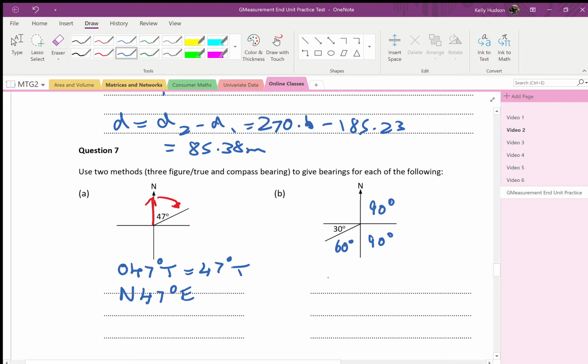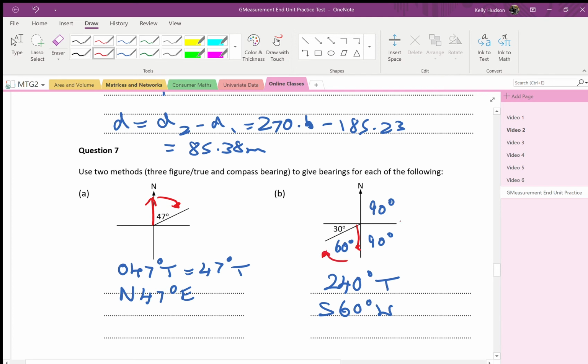So my true bearing is 240 degrees T. And my compass bearing is a southerly direction, 60 degrees towards the west. So I go in a southerly direction, I go 60 degrees towards my westerly direction.